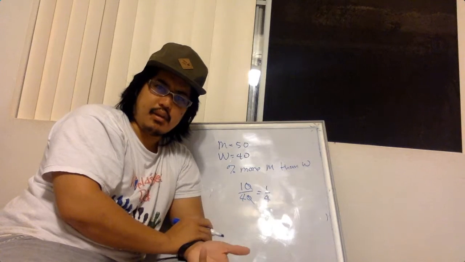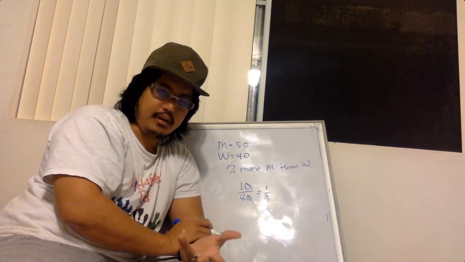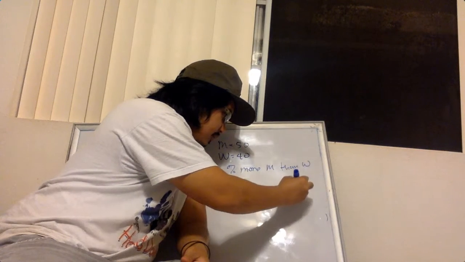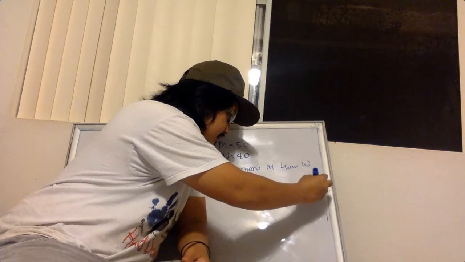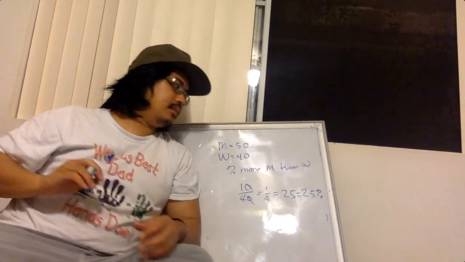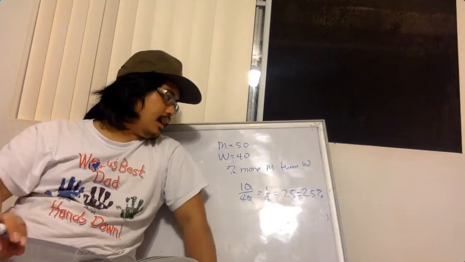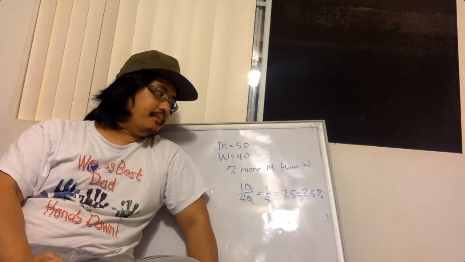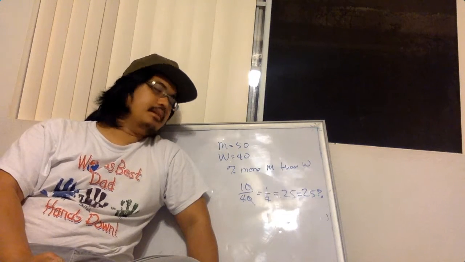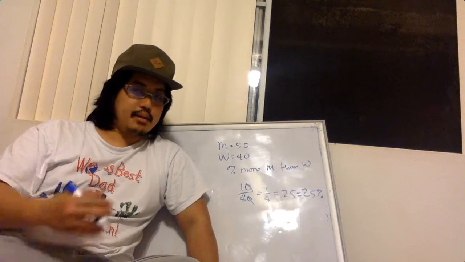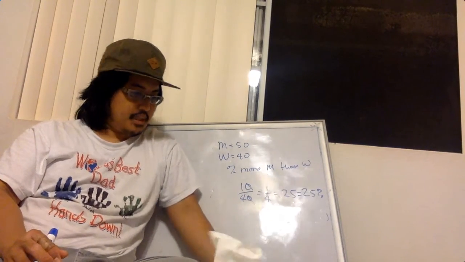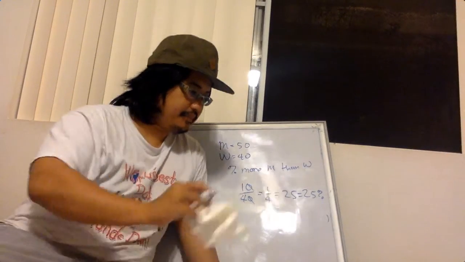Without having to do the long division, I already know what this is. That's 0.25 or 25%. So my answer is that there is 25% more men than there are women at this party, apparently.